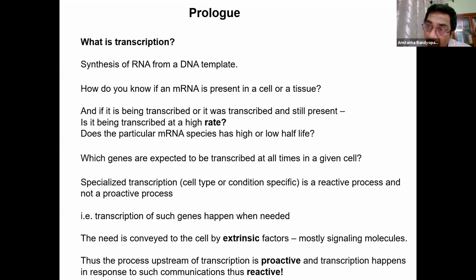And the transcription that happens because of that is a reactive process. Like the cell responds to the extrinsic factor and responds by changing the transcriptional activity. Okay?